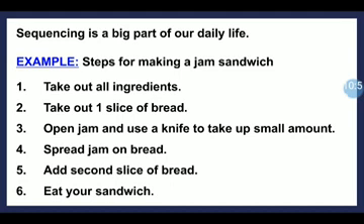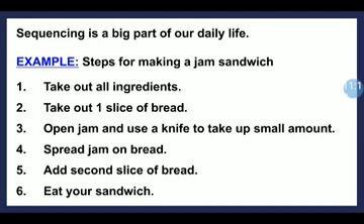I am hungry and I need to make a sandwich. And in this case, I want to make a jam sandwich. There are things that we will need to do first.